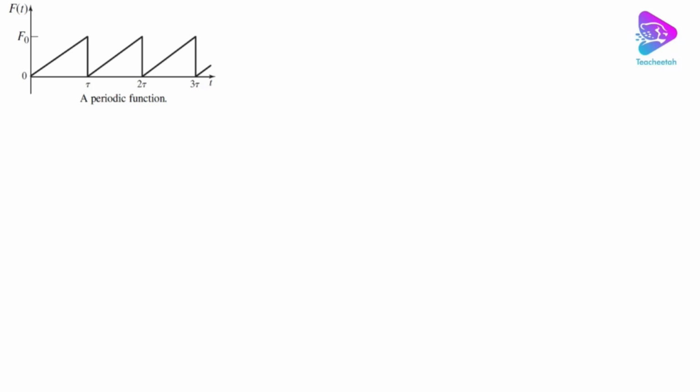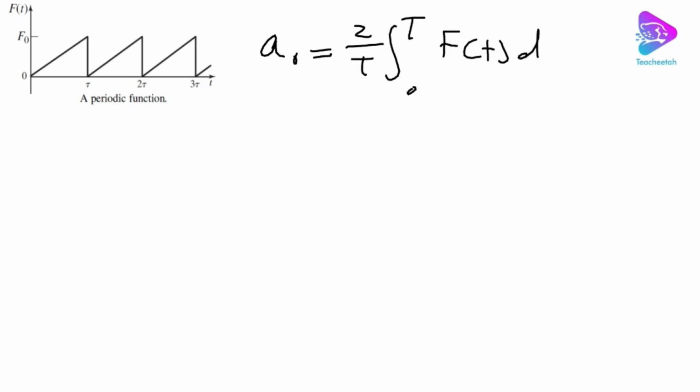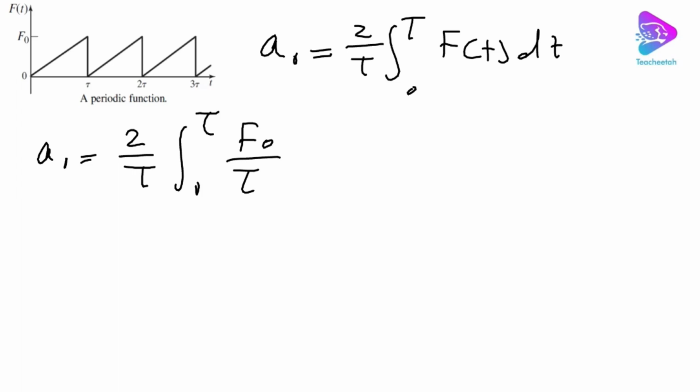So what is a naught? For a naught we take the integral over the period for F(t) dt, and if we plug in the function for F(t), a naught would be 2 over tau, integral from 0 to tau of F naught over tau times t dt.